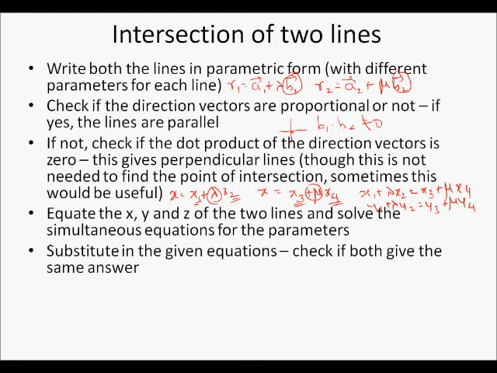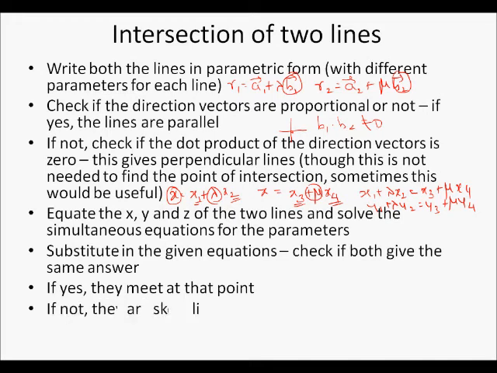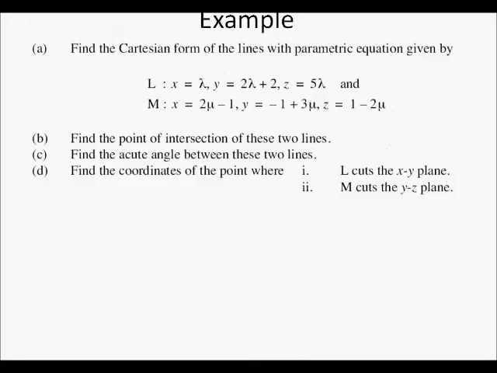Check if both give the same value. If they do, then they meet at that point: whatever x, y and z you get is the point where they meet. If they don't give the same answer, then they are neither parallel nor do they meet, which means they are skew lines.